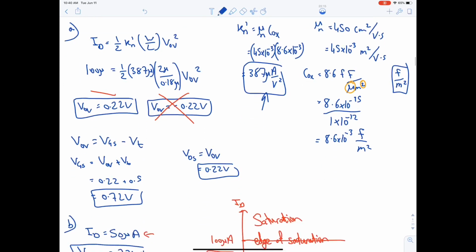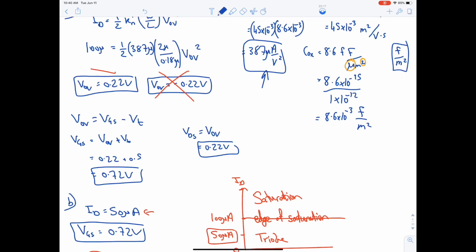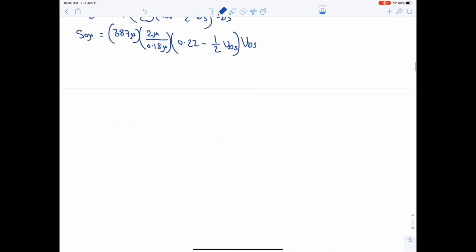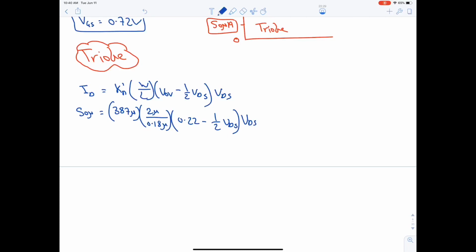and VOV is the same because here we're having VOV is equal to VGS minus VT. VGS is the same, 0.72, and VT is 0.5, which will result in 0.22. So if you solve this equation, first you need to expand.